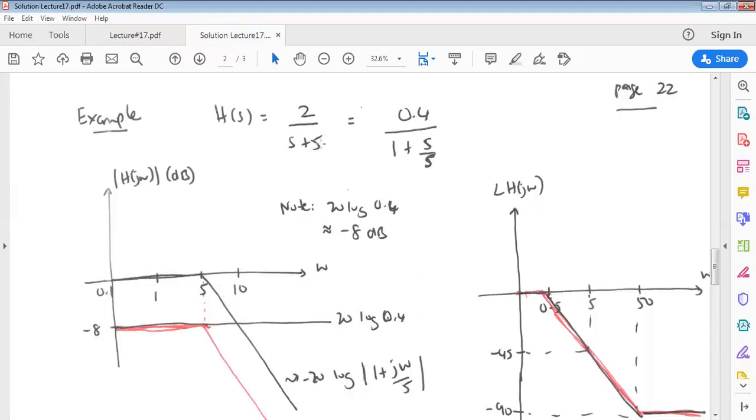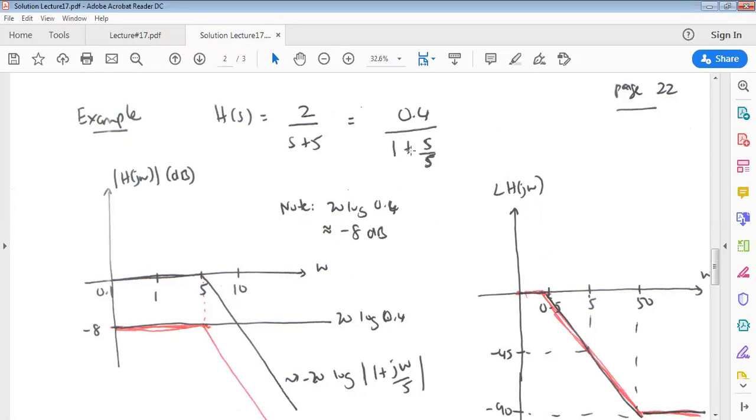We are given H(s) equals 2 over s plus 5. We have to write H(s) in the form used for sketching the Bode diagram. So we take out the value of 5 from the denominator, and we have H(s) as 0.4 divided by 1 plus s over 5.